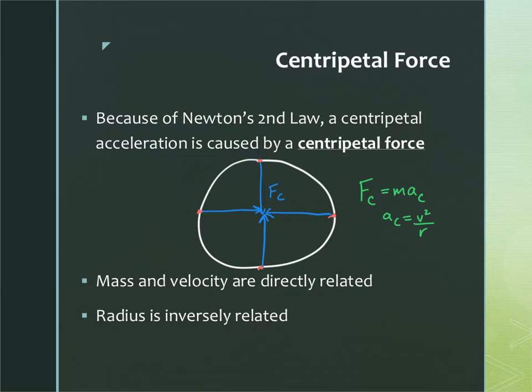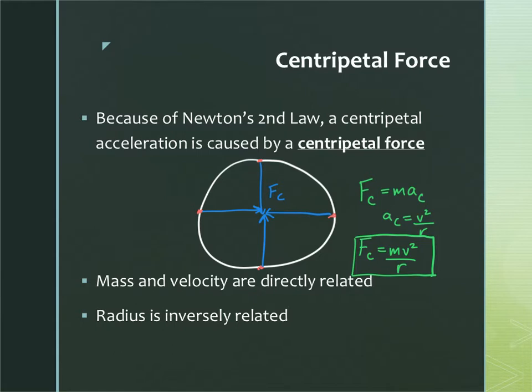You can combine both of these equations here to get this expanded form. So we know that AC here is equal to this. We could plug this in over here, and we should get this following form, which might be more useful than m AC in some cases. So this is the expanded form of the centripetal force equation. It's not on the reference table, but you could derive it from the other two.